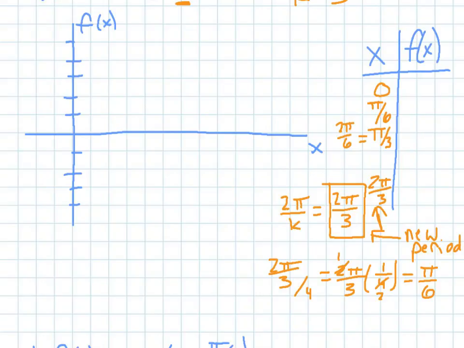If I add another one, that's 3 pi over 6, which equals pi over 2 if you reduce. And then if I added another pi over 6, I get 4 pi over 6, which reduces to 2 pi over 3, which was the last one that we came up with, which we already knew was going to be the end point anyway. So that's all I have to map my stuff to.